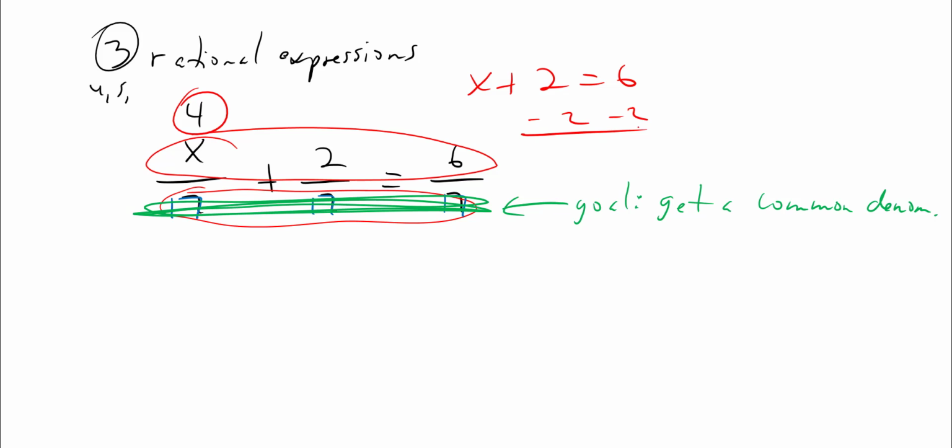Subtract 2 from both sides, so x is 4, which you already told me. So if you have two rational expressions, you cross multiply. If it's 3, you have to get a common denominator. That means I need to find an LCD, lowest common denominator. Let's do a couple examples to figure this out.